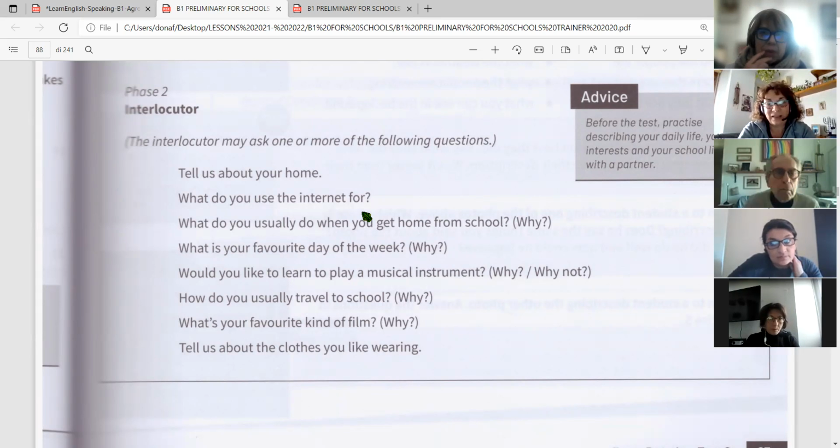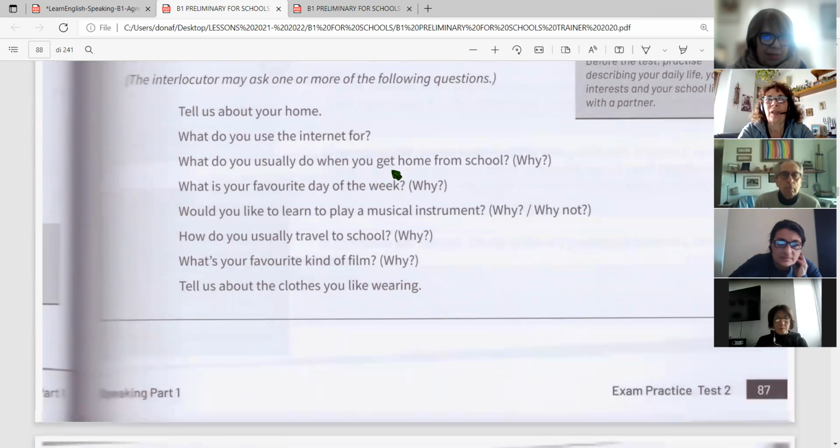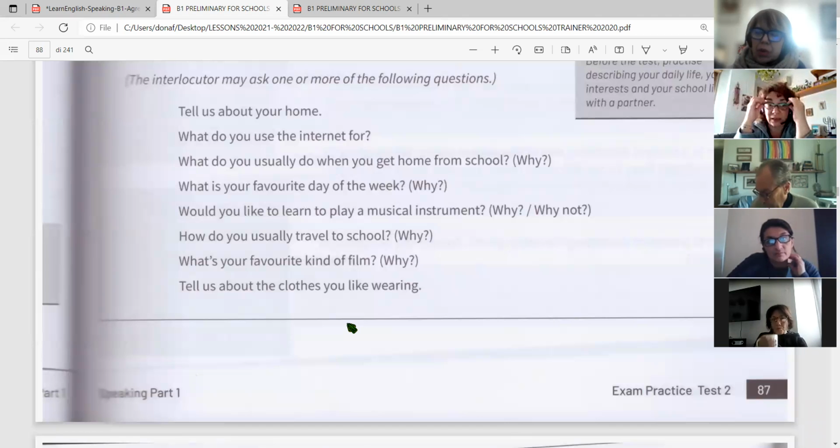I use internet for the English lesson, with Zoom. And then I use it for email, to write email, also to see the news every day on Google.